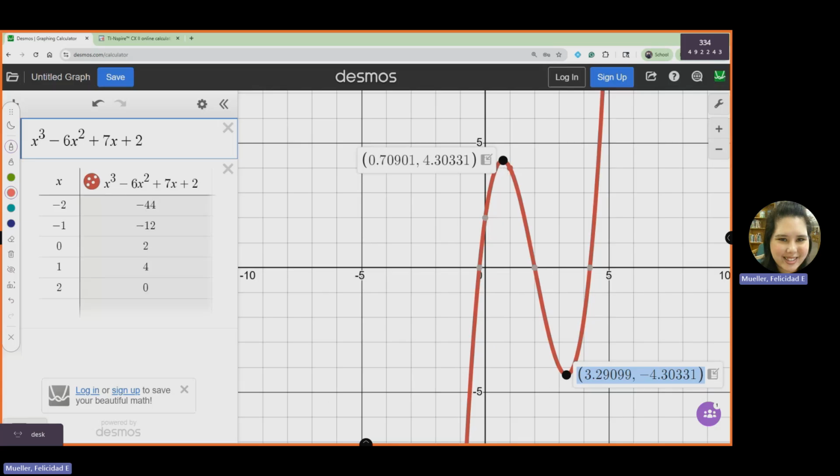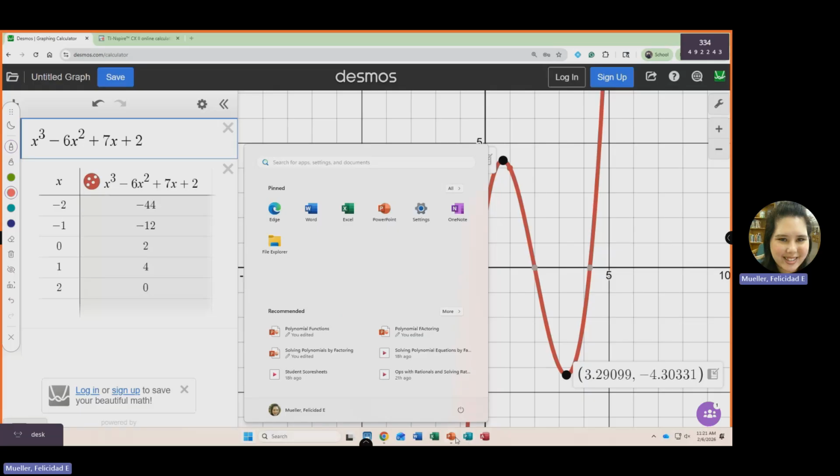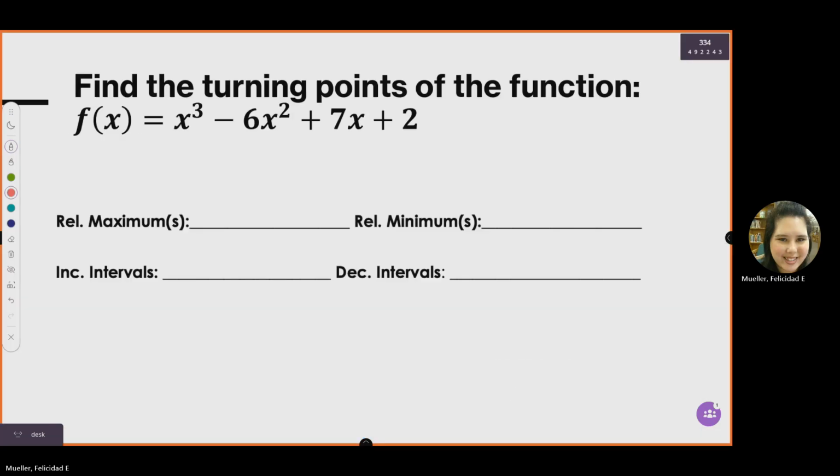So when we're looking at this, my graph is increasing from the start of my graph, which is at negative infinity, until we get to this first turning point at 0.709, and then it's decreasing from 0.709 to 3.29, and then from 3.29 to infinity, because that's where the graph ends, it is increasing. So that's how I would fill this out on my notes.